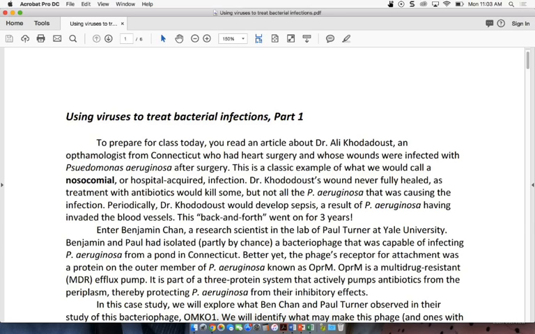The reason being antibiotic resistance. As the percentage of organisms that become resistant to our best antibiotics becomes more common, individuals are looking for new and novel ways to treat infection. And bacteriophage represent one of those mechanisms.